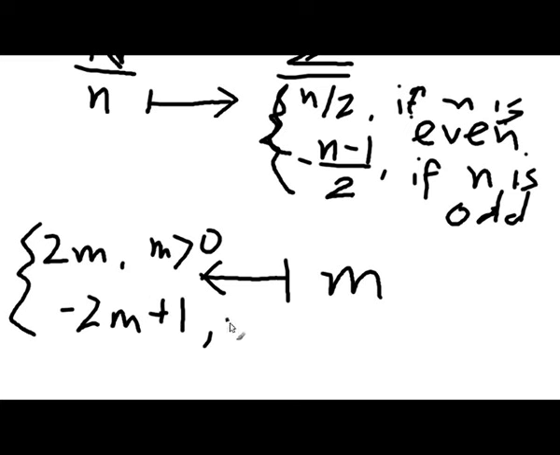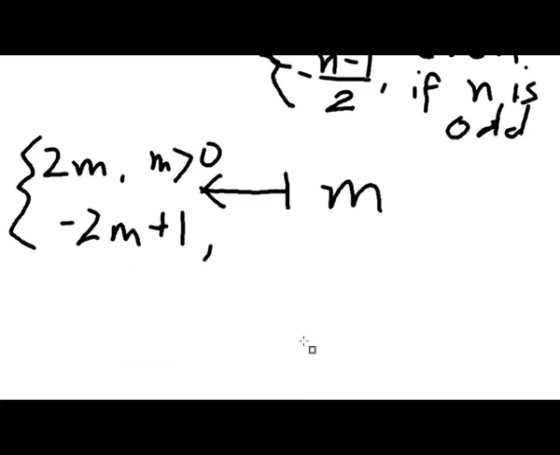So this is for m less than or equal to 0. Let me write that a little clearly. So it's -2m plus 1 if m is less than or equal to 0.